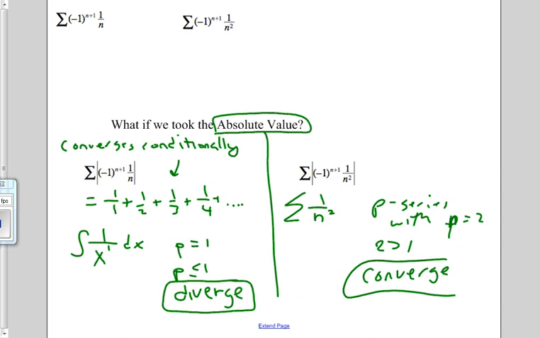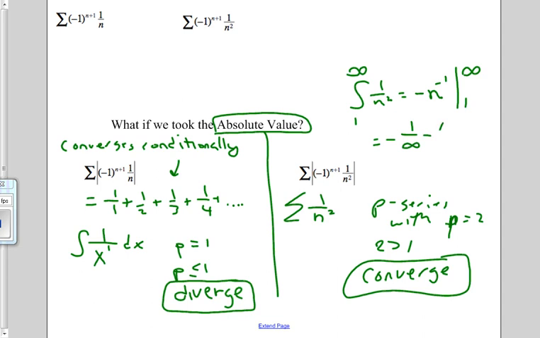Just in case we forget the idea of p-series, the idea is that if we integrate from 1 to infinity 1 over n squared, this would equal negative n to the negative 1 from 1 to infinity, which would equal, using some ugly math, negative 1 over infinity minus negative 1 over 1, which is roughly 1.